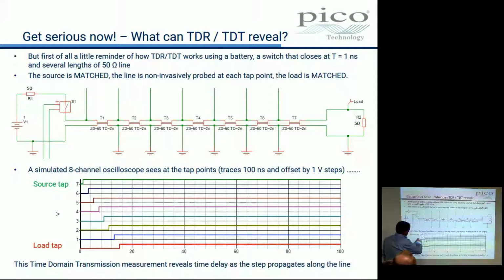And so what we could see in this display is that the step travels along the line and comes out at time periods afterwards. It's taking about 14 nanoseconds to get to the end from the beginning, right? 14 nanoseconds along the line. Okay, what's that tell us? Nothing much.